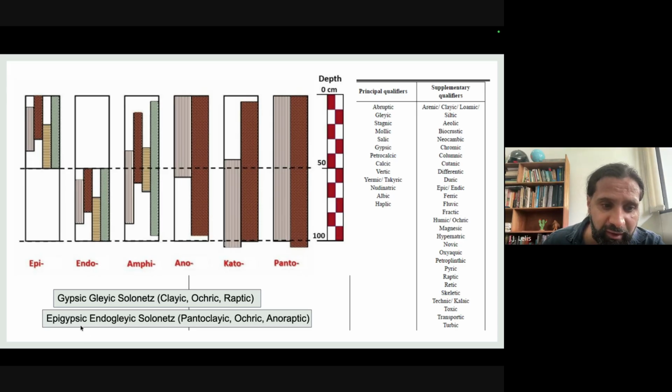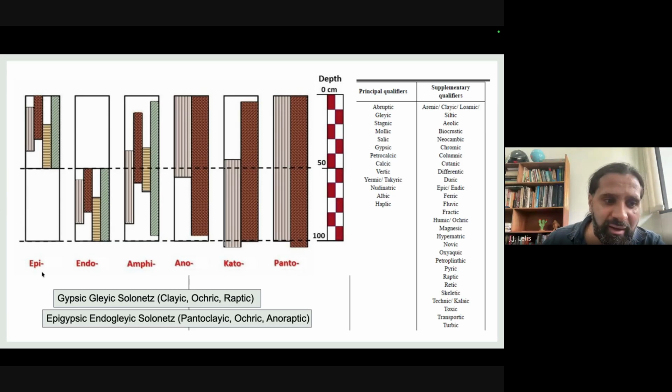So let's say that, for example, the gypsic properties are only occurring in the first 50 centimeters. So they start at the soil surface and end before 50, or they start at the surface and end at 50 centimeters, or they start after 0 and end before 50, or they start after 0 and end at 50.